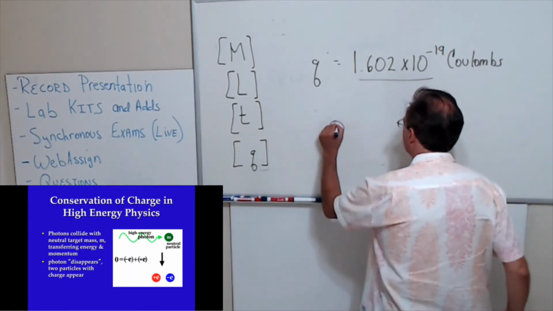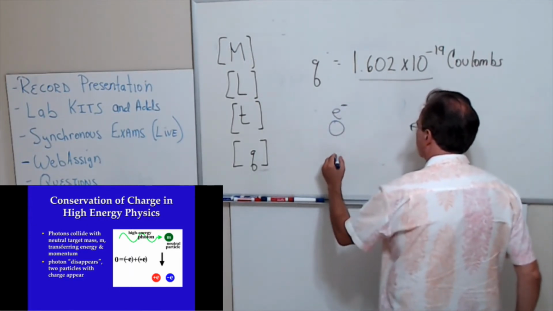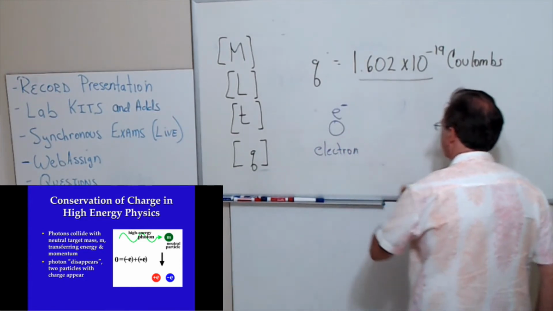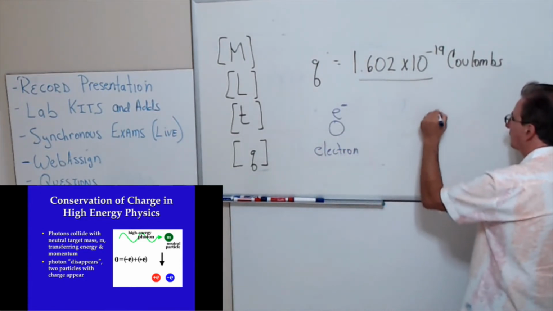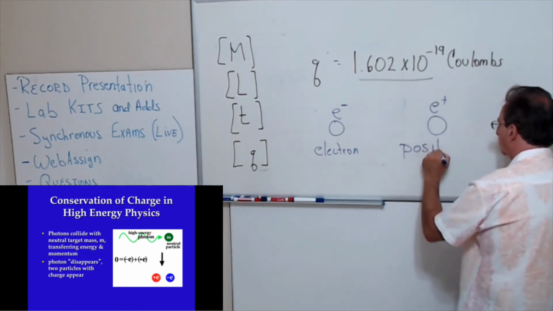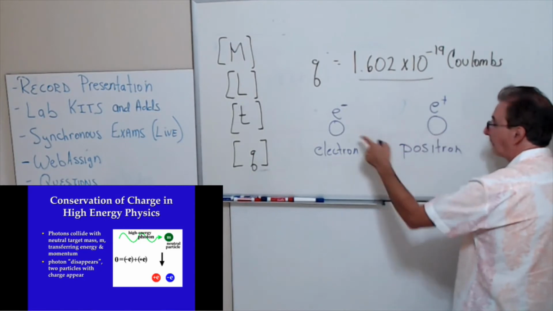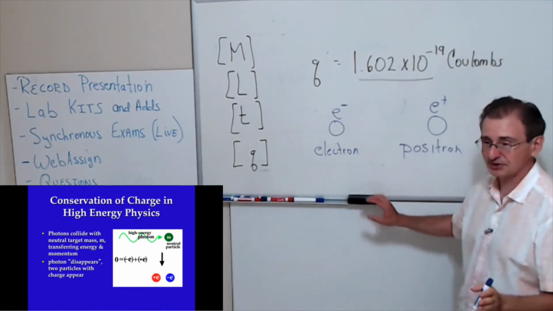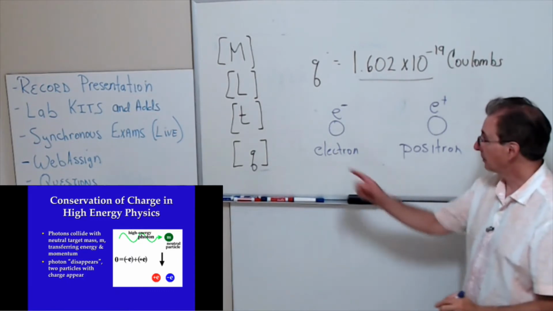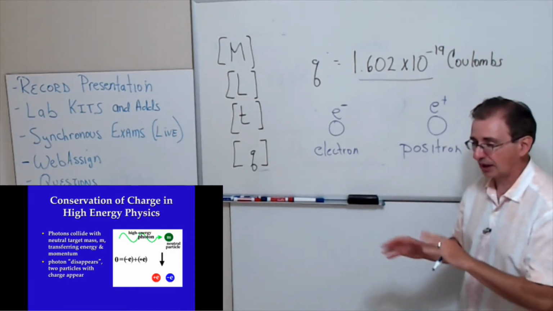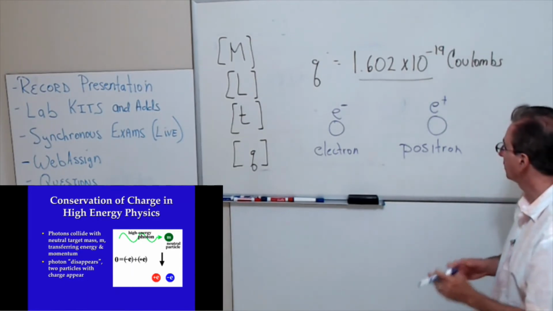You take an electron and a positron, that's the antiparticle. They're opposites. In what sense? They have the same mass, but they have opposite charge. And they have other properties that are opposites of each other, which I will get into.